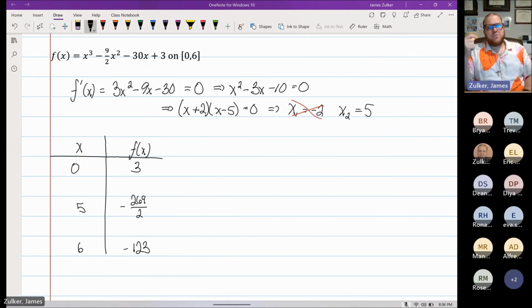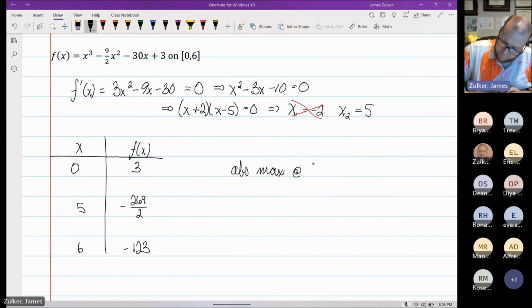Now we look at these values. So we look at the f of x column and we go, which is the largest? That's our absolute max. Now look at the values.